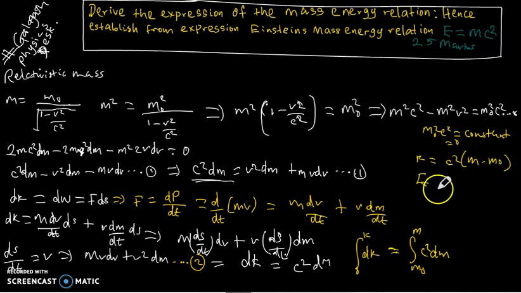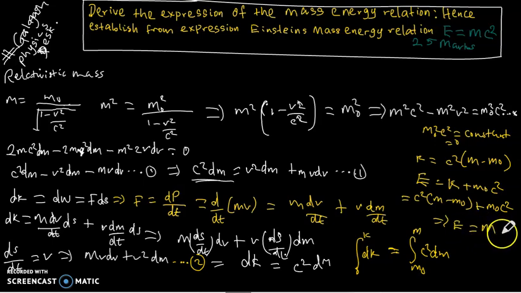Therefore E is equal to k plus m naught c squared, which is c squared (m minus m naught) plus m naught c squared. So therefore our E is nothing but mc squared, like we had here. E equals mc squared, and this is what we have been trying to derive.